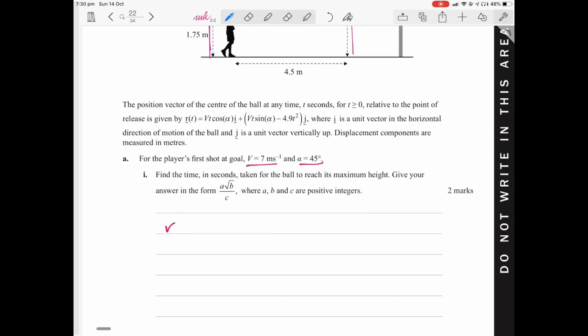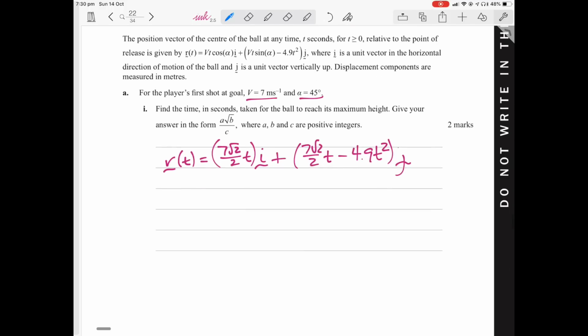So we can say r of t is equal to 7 cos of 45, which is root 2 on 2, so 7 root 2 on 2 t i, plus 7 sine, that's also going to be 7 root 2 on 2 t minus 4.9 t squared j.